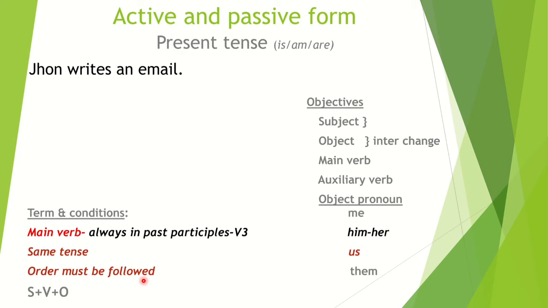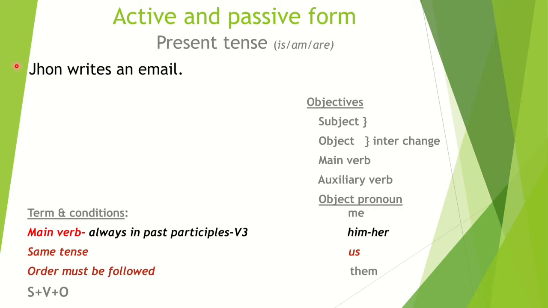What does it mean? Order means, look over here, the first is John writes an email. I have written a small and sweet sentence over here, which is in active form.